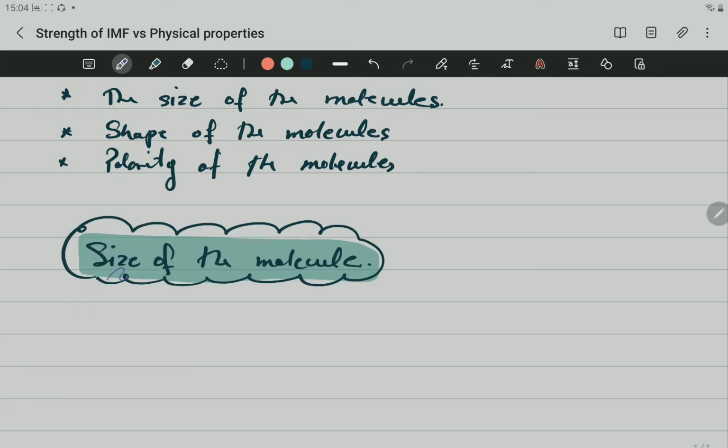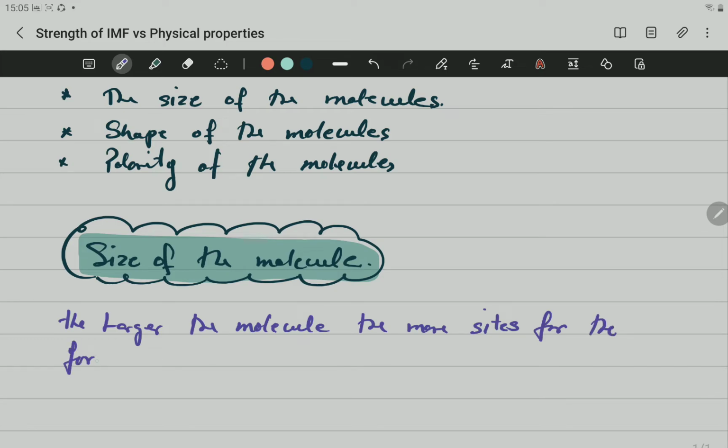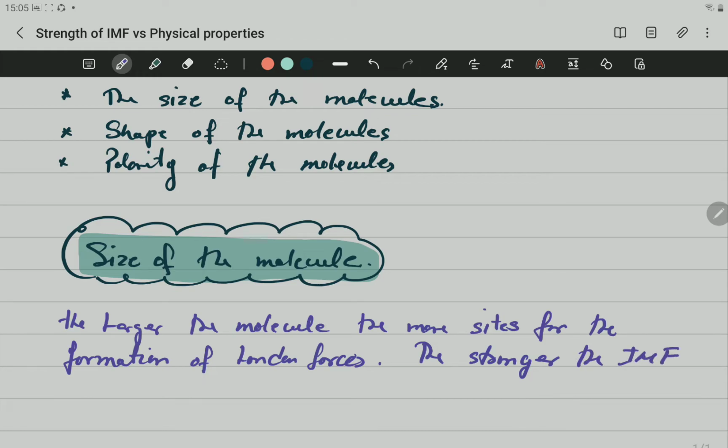Now, what do we have to learn about size? The larger the molecule, the more sites for the formation of London forces, so the stronger the intermolecular force.